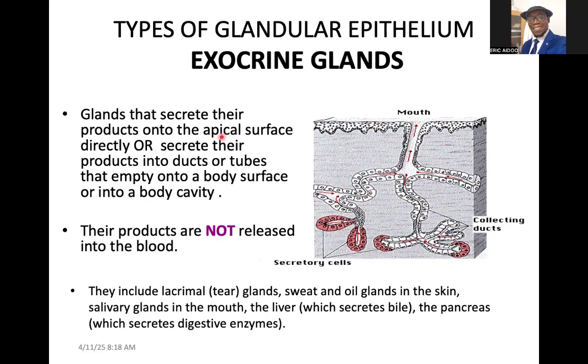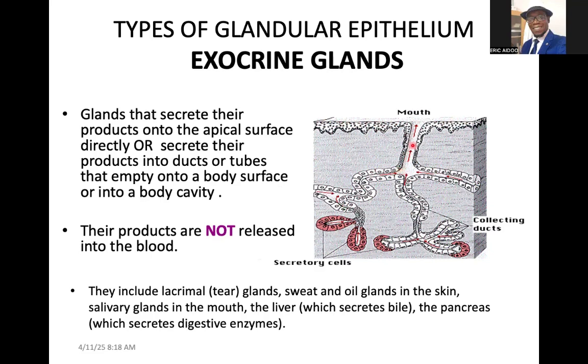You know that every epithelium has an apical surface and then a basal surface and then lateral surfaces or domains. So the apical surface, for instance, in this diagram will be the top here. So this is epithelium, and then the epithelium invaginates, goes down or grows down to form a gland.